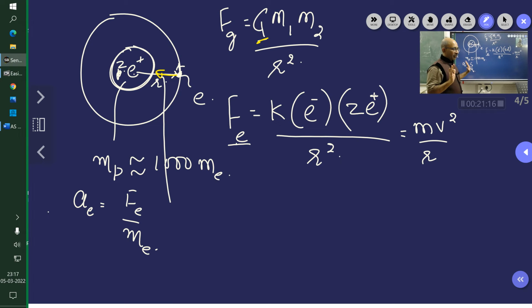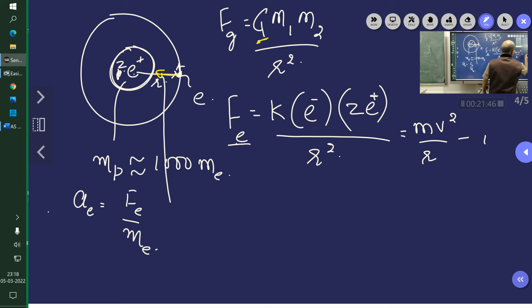So that means now he has used Newtonian mechanics, and he has established the centripetal force necessary to keep the electron in its circular orbit is given by the electrostatic force between the electron and the protons. That is his first postulate.